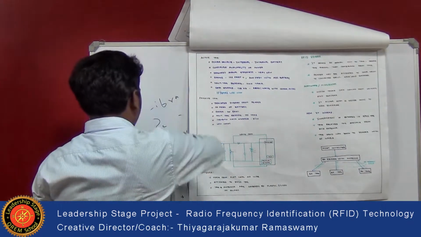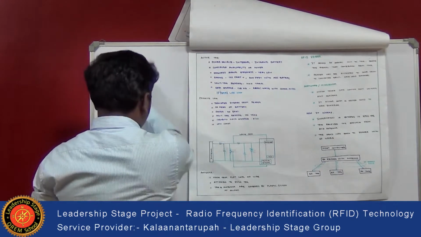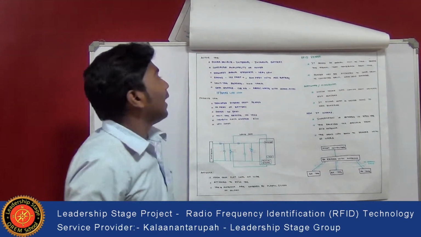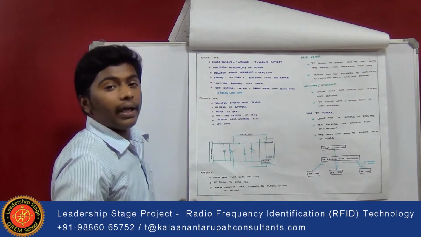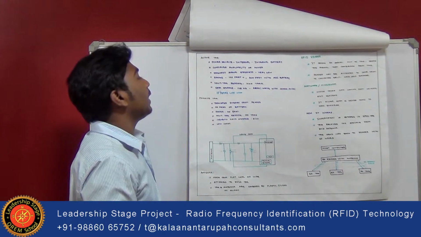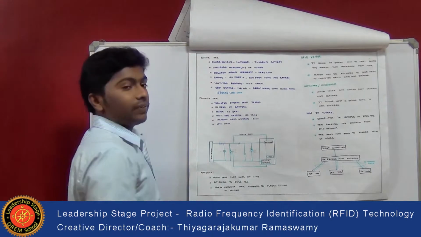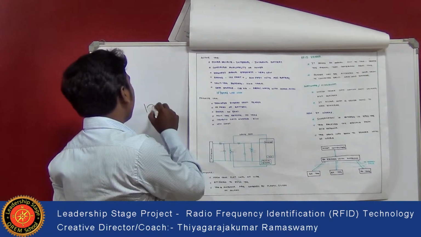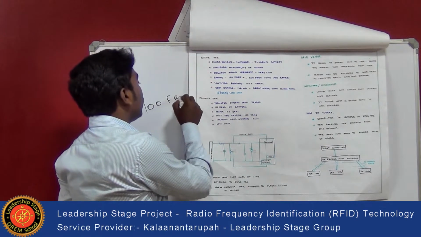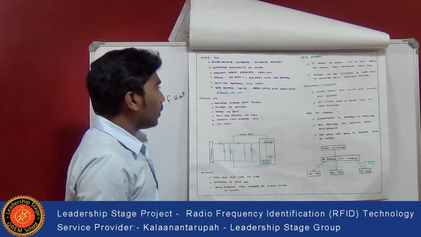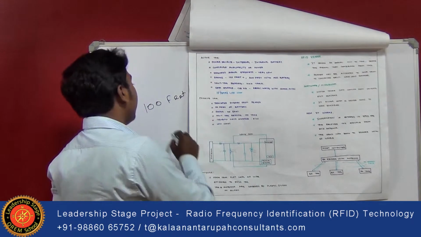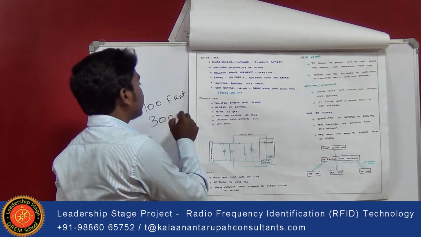An active tag is a tag which consists of an internal battery so that it can transfer data over a long distance of 100 feet. If more batteries are added, it can be extended up to 300 feet.